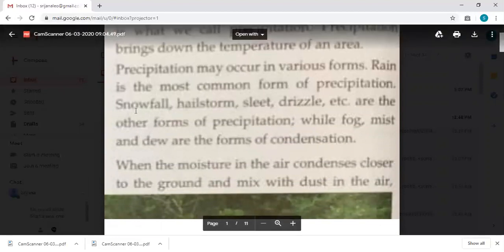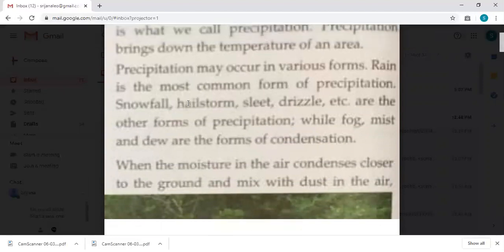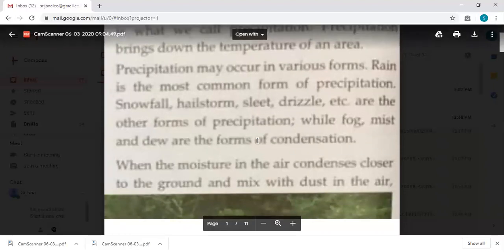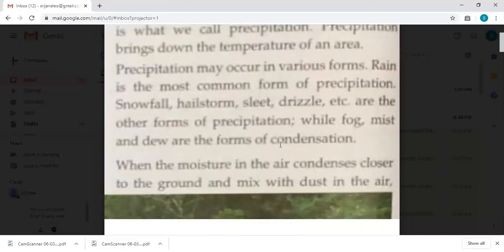The other forms of precipitation are snowfall, hailstones, sleet, drizzle, etc. Fog, mist and dew are forms of condensation. Condensation happens while the cloud is forming.